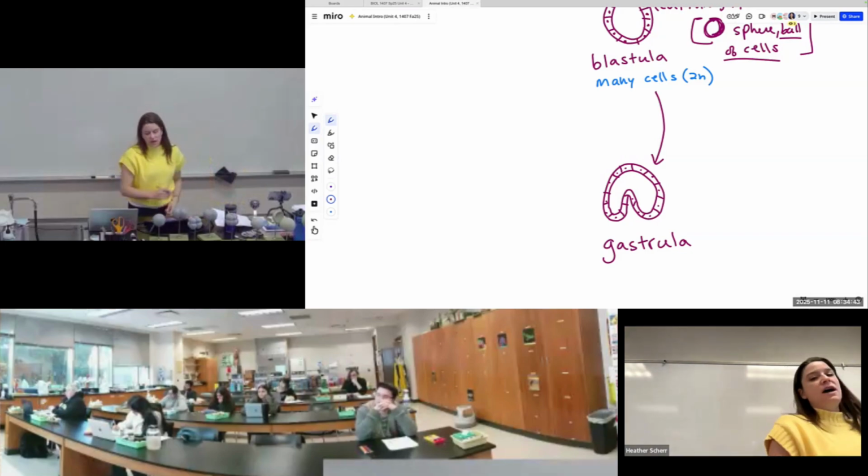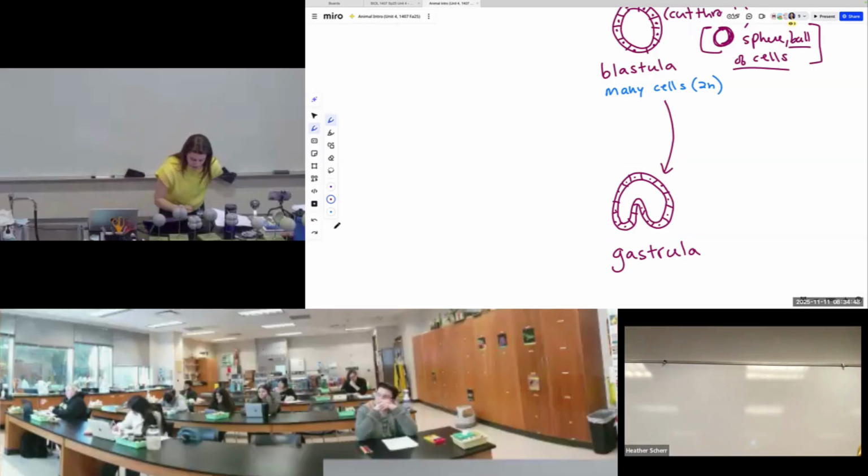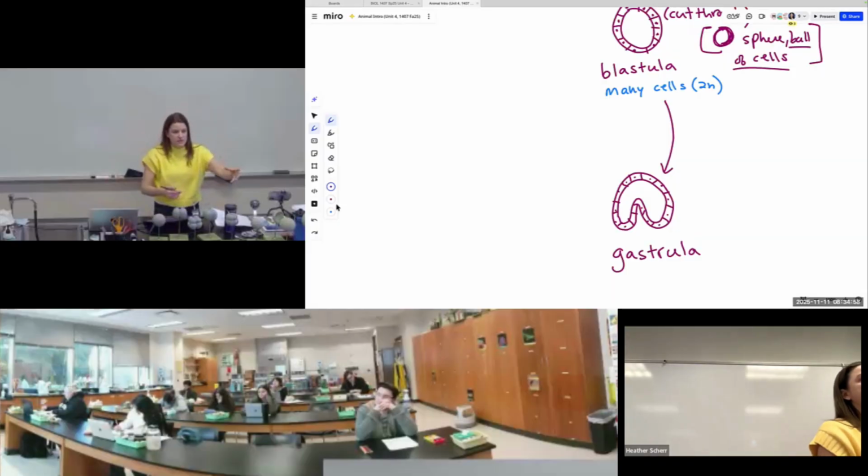So gastrulation is what's going on here. That's the process where you're starting to form the gut, which means a variety of structures depending on the type of organism. So it could be stomach, esophagus, intestine. It could be crop, gizzard, stomach, or proventriculus.